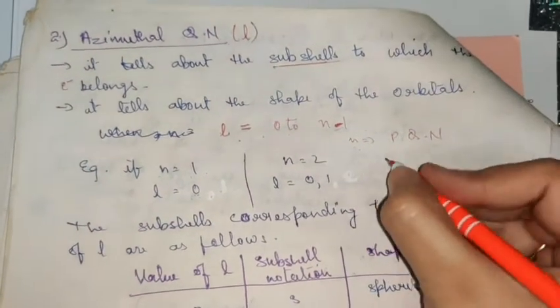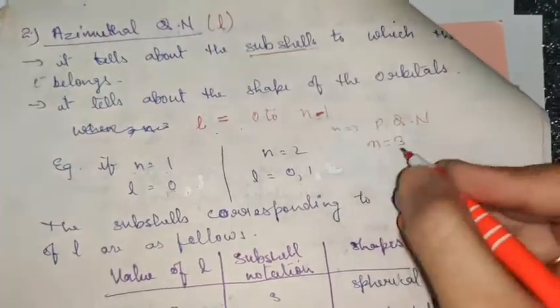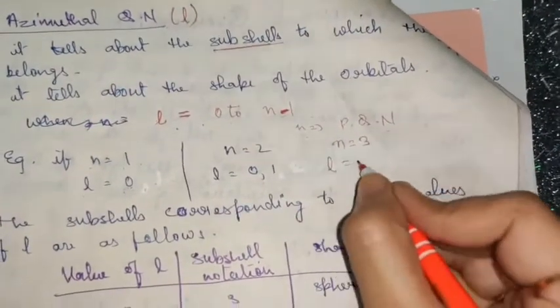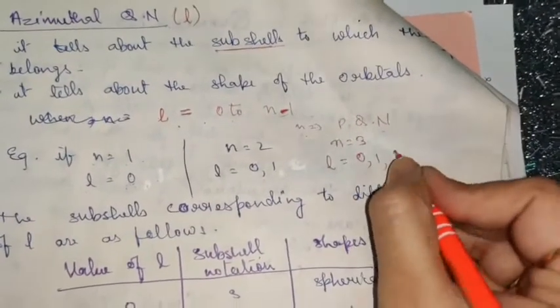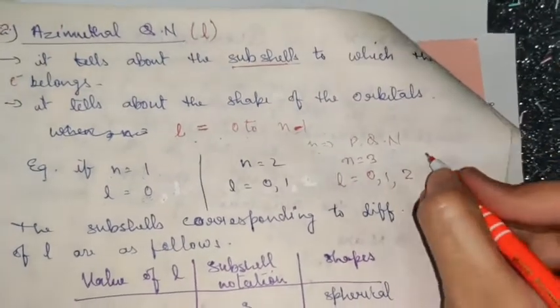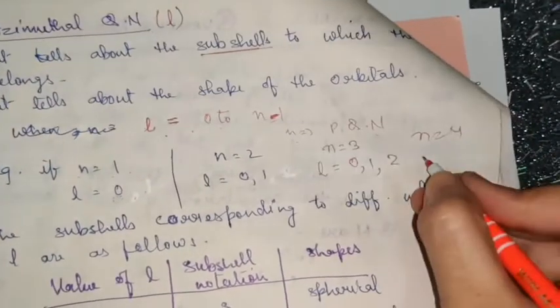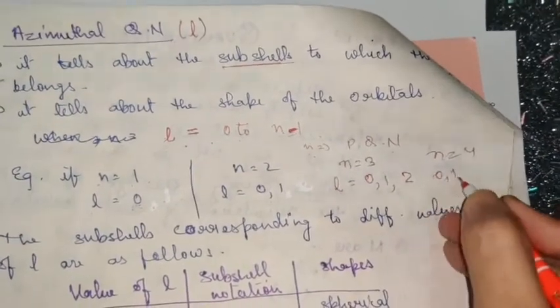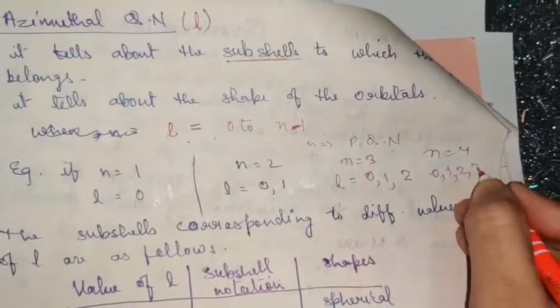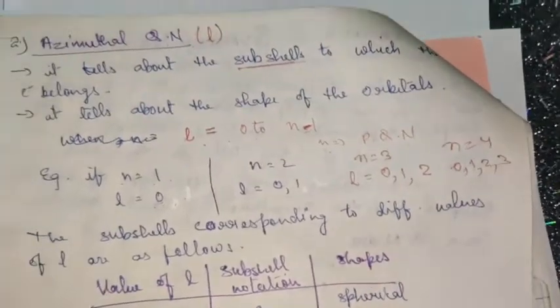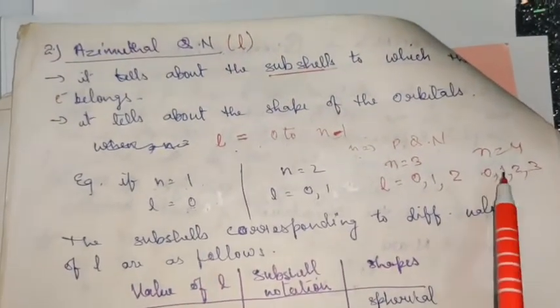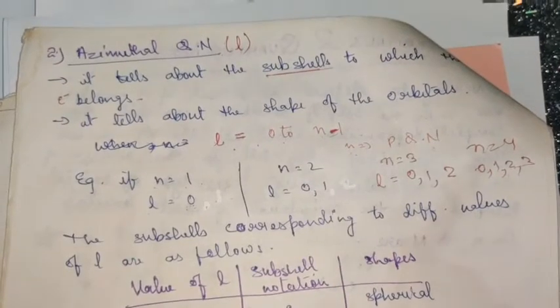If n is equal to 3, the possible values of L are 0, 1, 2. Similarly, if n is equal to 4, the possible values are 0, 1, 2 and 3. I hope how to find the value of L when n is given is clear to you.